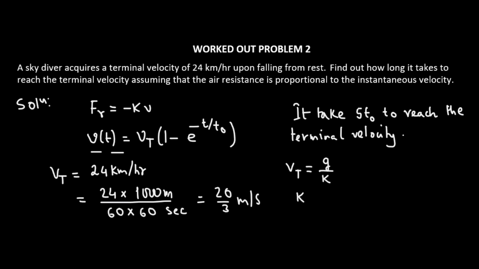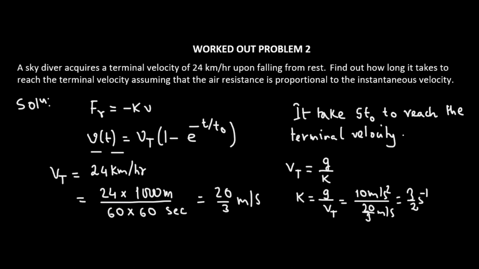Solving for k, k equals g over v_t. To keep our calculation simple, let's take g as 10 meters per second squared, divided by v_t, which is 20/3 meters per second. That equals 3/2 second inverse. This is the value of k.